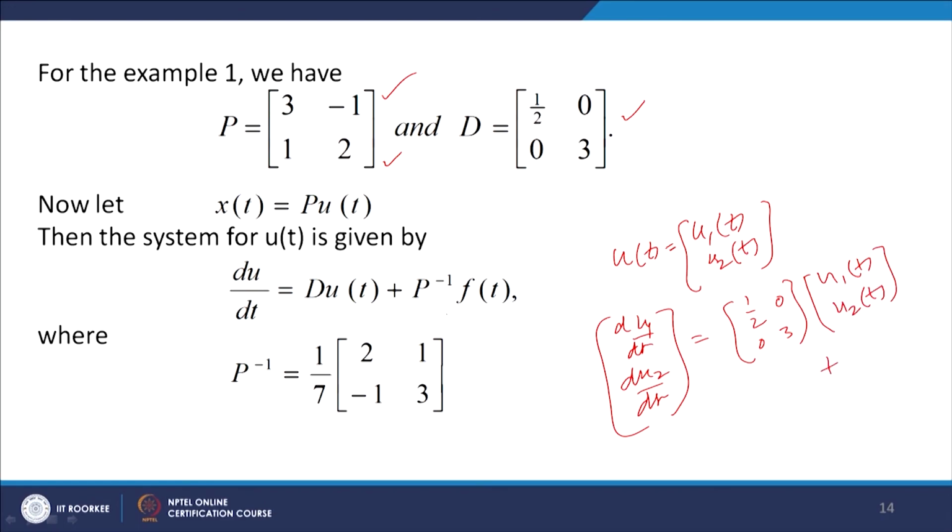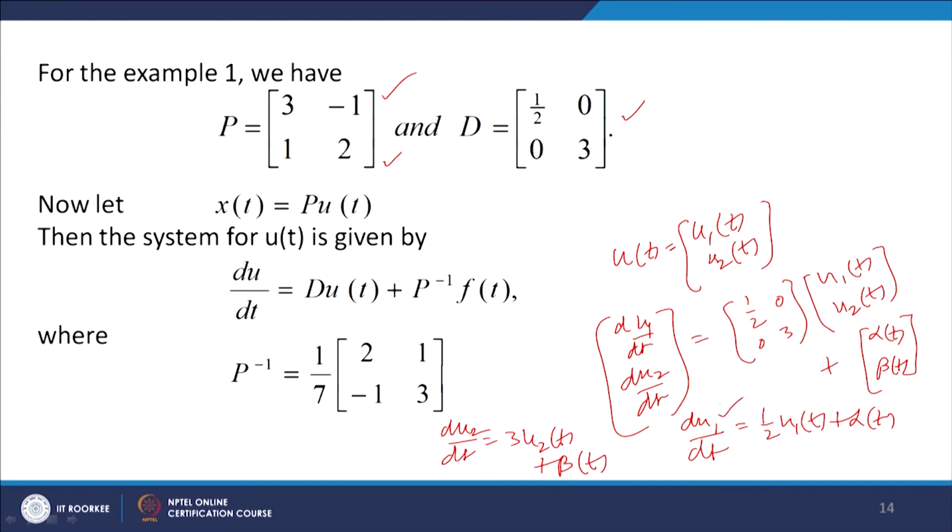Then you know P inverse into f(t), which is again a column matrix. Okay. So, you will have du1 by dt equal to half u1(t) plus, let us say P inverse f(t) is alpha(t), beta(t). So, you will get plus alpha(t), this is one equation, and similarly the second equation is du2 by dt equal to 3 u2(t) plus beta(t).